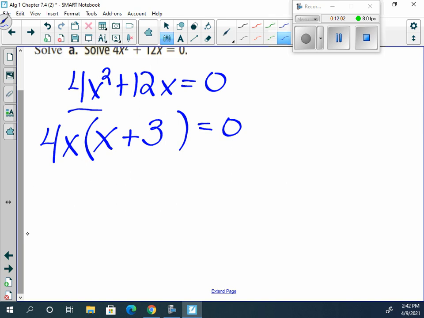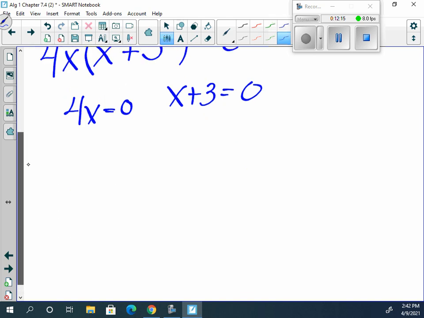Well, we have two things multiplied together that equal 0, so one of them must be 0. So either 4x is equal to 0 or x plus 3 is equal to 0. So 4x equal to 0, well, x has to be 0.